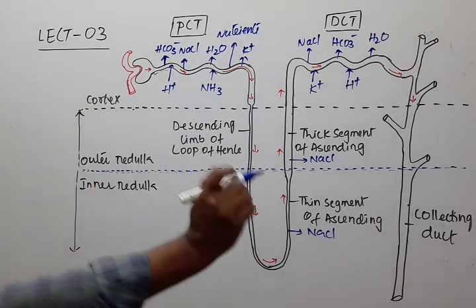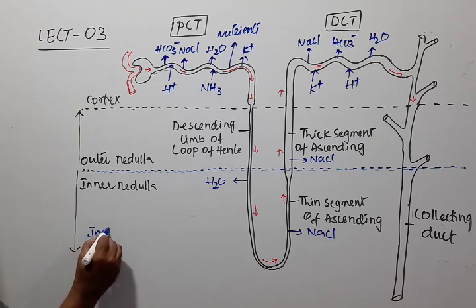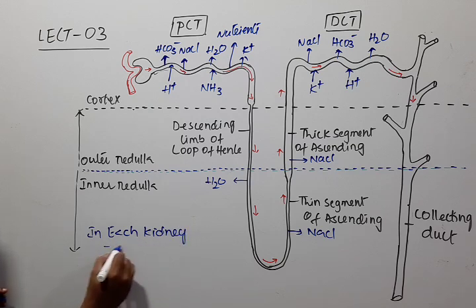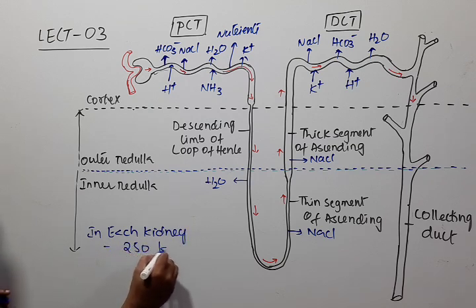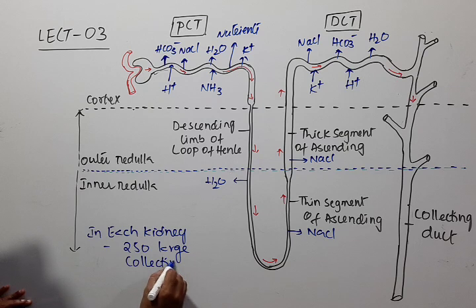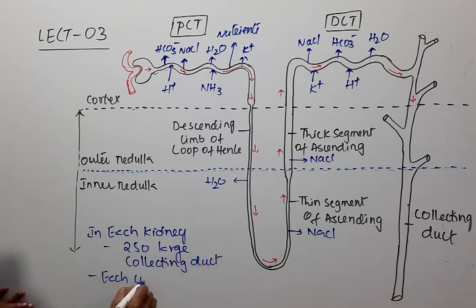One important point here: in each kidney, there are about 250 large collecting ducts, and each collecting duct will take up the DCTs from around 4,000 nephrons.